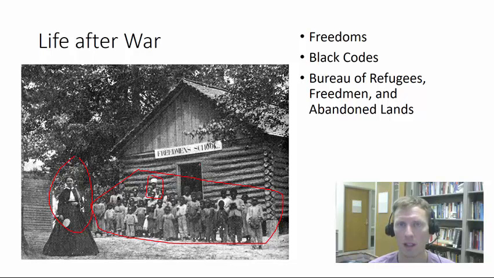So we're going to see the southern local towns and counties and states in competition, in conflict with the federal government. So southern counties passed black codes to restrict the lives and control the lives of African Americans.